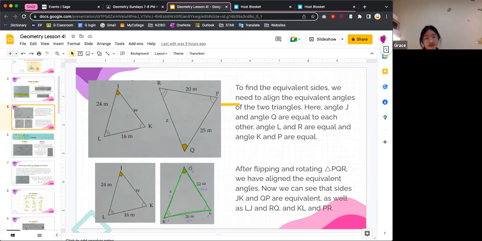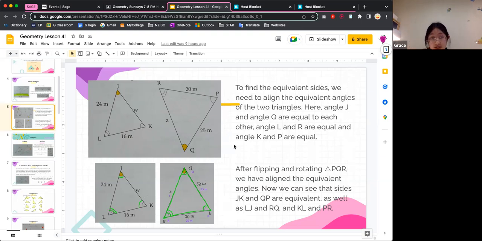Now we can see that they're equal angles, the yellow angles, the double angle line marks. They're all in the same position. That is good for us because now we can easily tell which sides are equivalent to each other. So we've got JL and QR, equivalent to each other, and the other pairs as well.